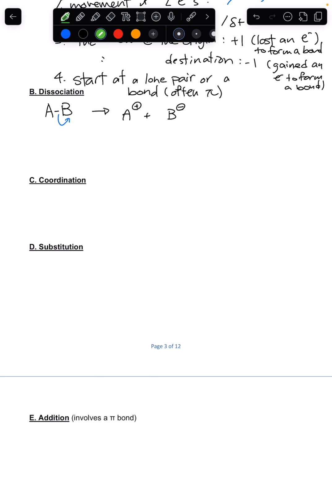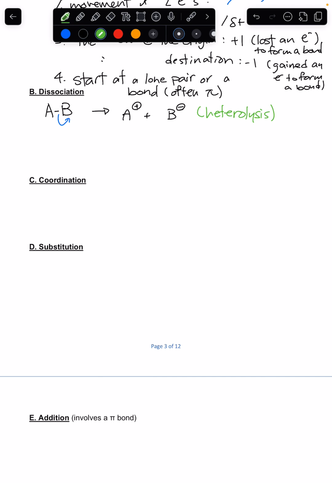This is an example of what we would call heterolysis. Lysis means breakup. It's a bond being broken up, and it's hetero, or different, because one atom lost electrons and one atom gained electrons.